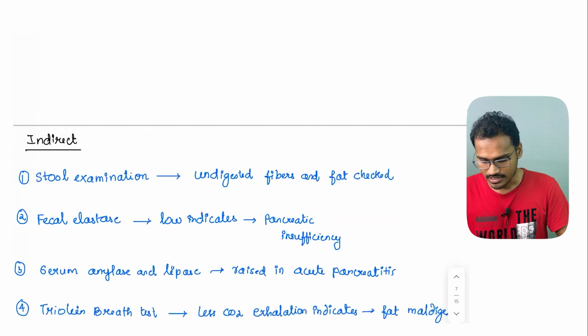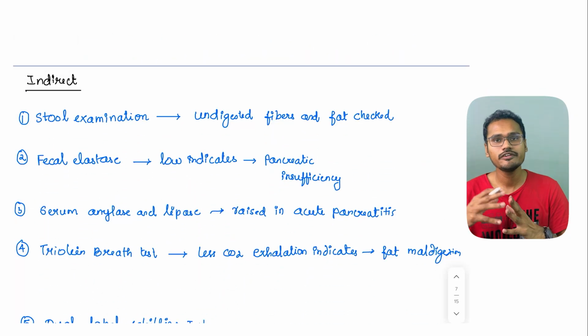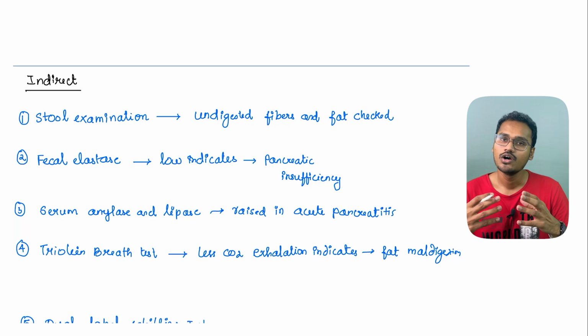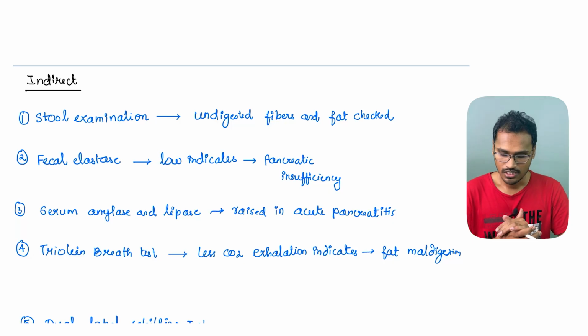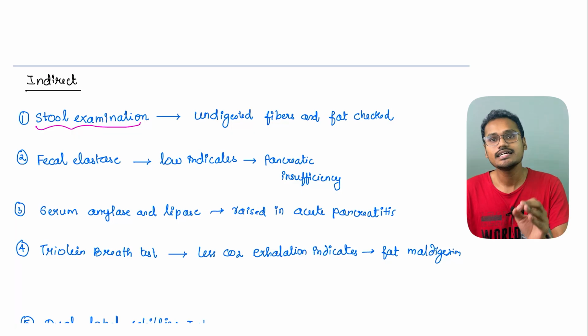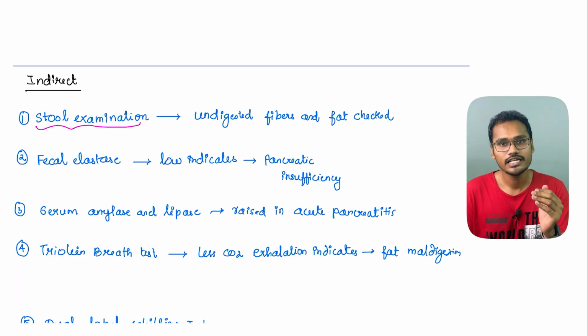Coming to the indirect test. In our previous discussion of digestion and absorption, we saw most of the important enzymes for fat digestion, carbohydrate digestion, and protein digestion are all produced by the pancreas. So we can do a stool examination, and if undigested material is found in the stools, it means that the pancreas has not secreted properly.